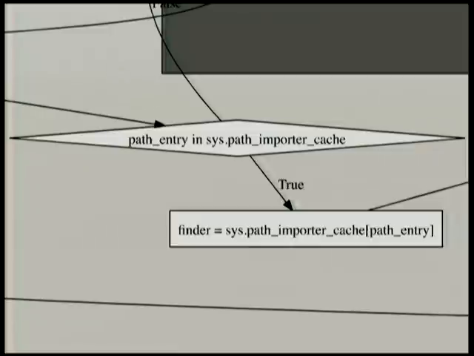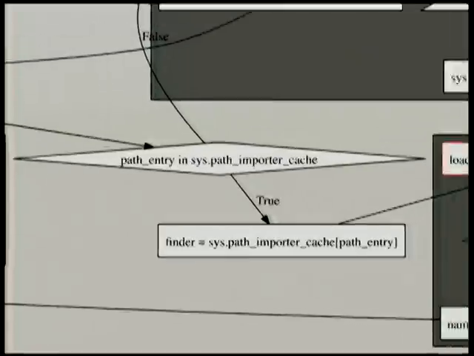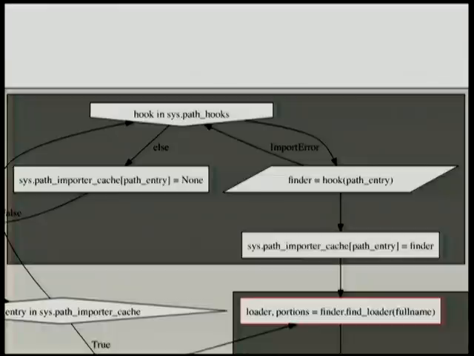We keep a cache at sys.path_importer_cache so that we don't constantly rebuild these things, because basically, once you find a way to actually handle that entry, you don't really need to make that finder over and over again. If something can handle that directory, there's no need, it's a waste. So we cache it.